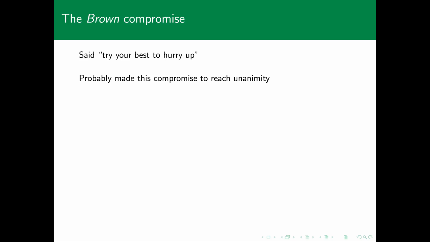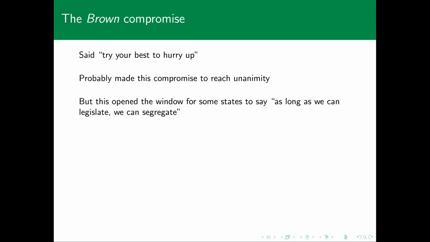But here's the issue. This allowed some states to come up with this phrase: as long as we can legislate, we can segregate. By kicking the implementation of Brown 1 back down to the localities, they could delay it, they could avoid it via legislation, and as we know from history, that's precisely what happened in a lot of places.